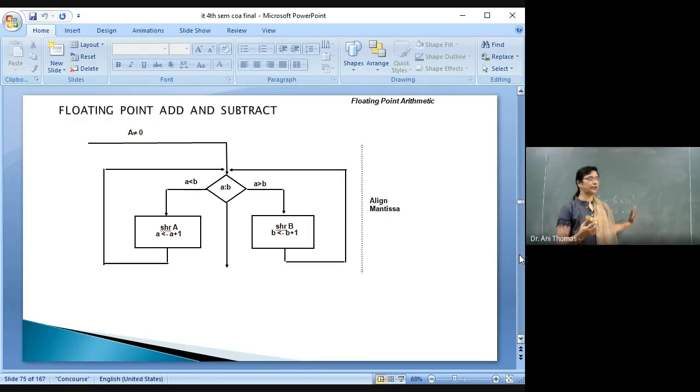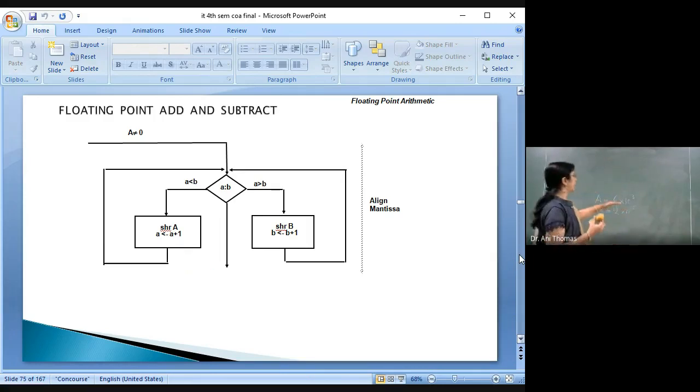So we are checking now for A is greater than B or A is less than B. Two considerations we have. In both the cases, we are only trying to make the smaller one the larger exponent.